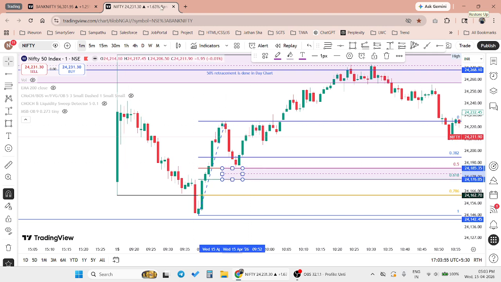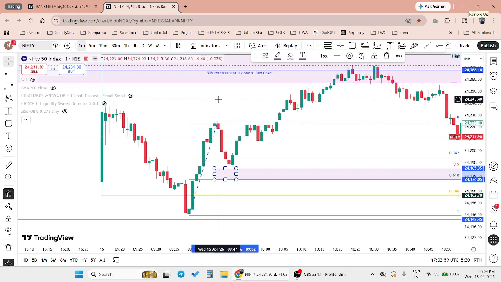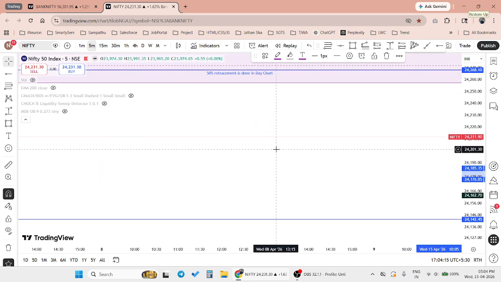I cannot show it here now, I have closed my strike chart window, but anyway, you can review it at your end. But see, this is the retracement. I'll switch to 5-minute candle.